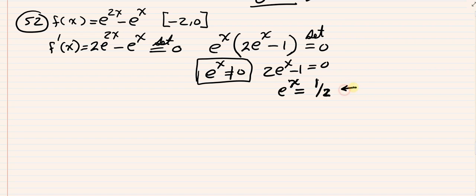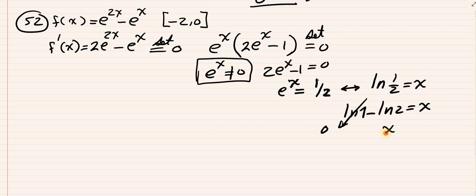And from this, using definition of natural exponential function, that means ln of 1/2 equals x. The natural log of 1/2, that's ln of 1 minus ln of 2 equals x. ln of 1 is 0, so x equals negative ln of 2. That's going to be the critical number of this expression.